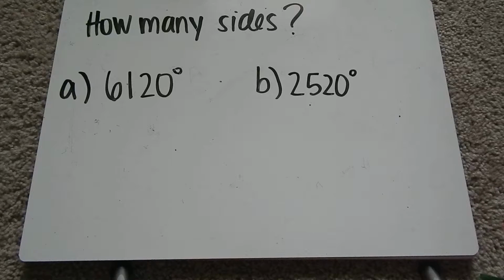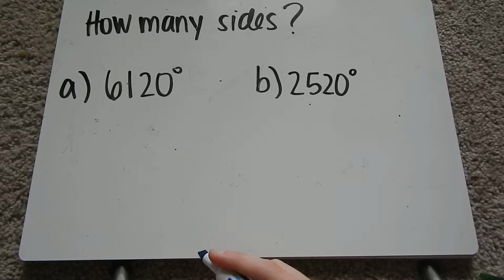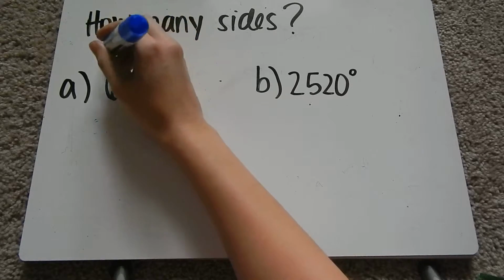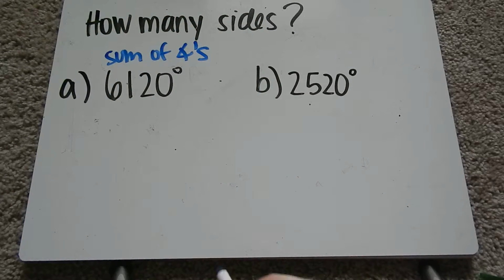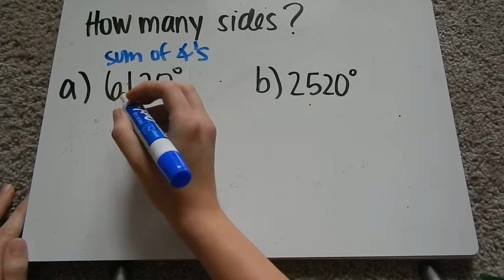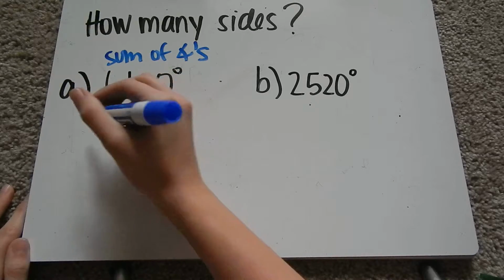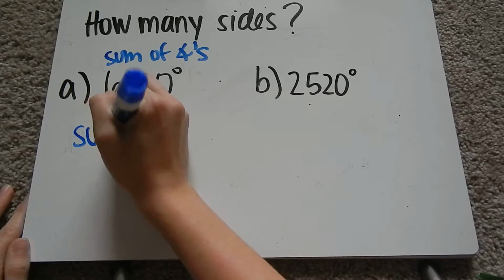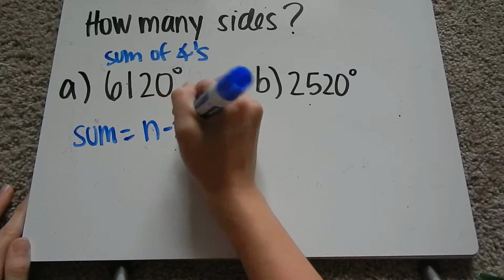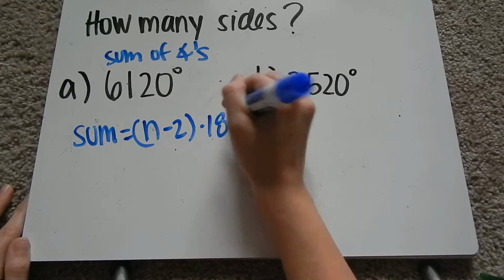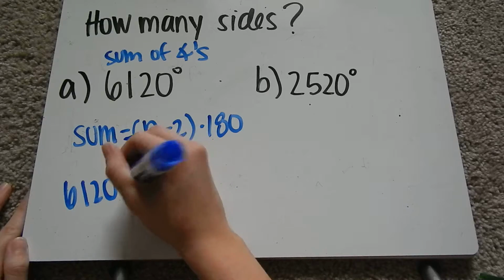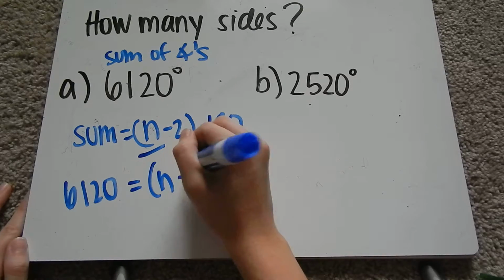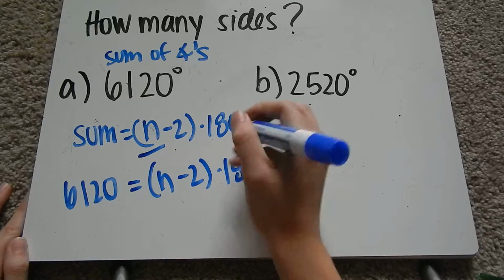Okay, so let's move into our examples. This first question says how many sides? This isn't a very specific question, but if this was the sum of the angles, how many sides would this polygon have? Well, the sum is equal to n minus 2 times 180, and we want to find this n here. So I'm just going to plug in 6,120 equals n minus 2 times 180.